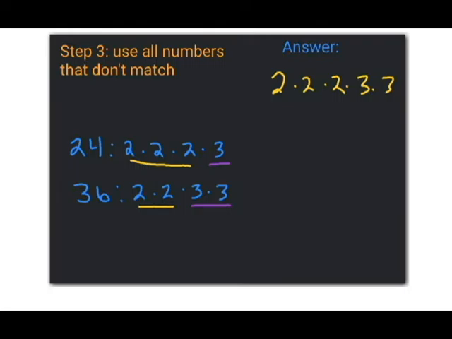The 2's match and the 3's match, so there's no other numbers to add to our answer. So to get our final answer, we take the numbers that match and multiply them together. 2 times 2 times 2 times 3 times 3. You'll end up getting 72.